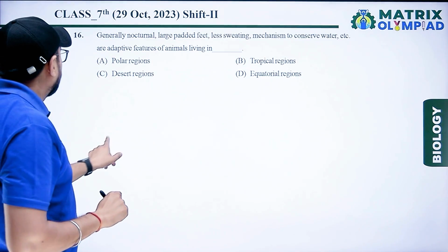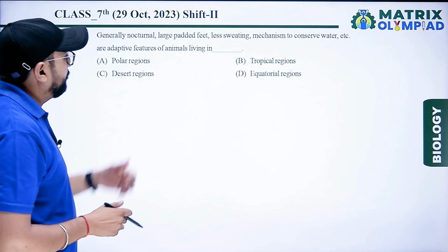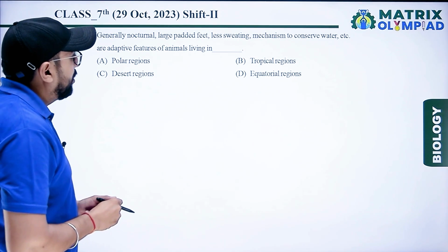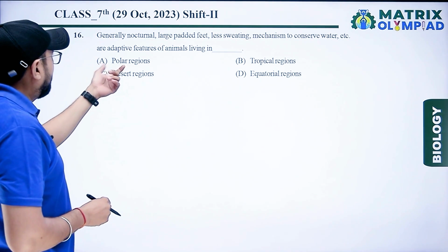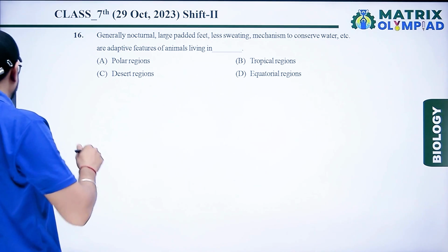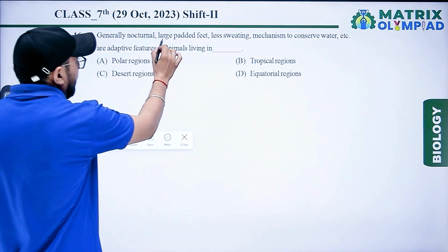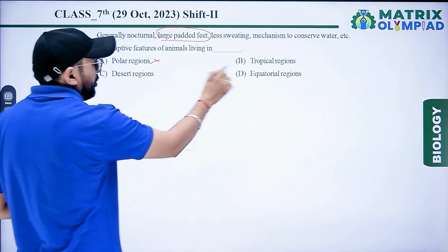Next one. Nocturnal, large padded feet, less sweating, mechanism to conserve water are adaptive features of animals living in. Polar? No. Tropical?